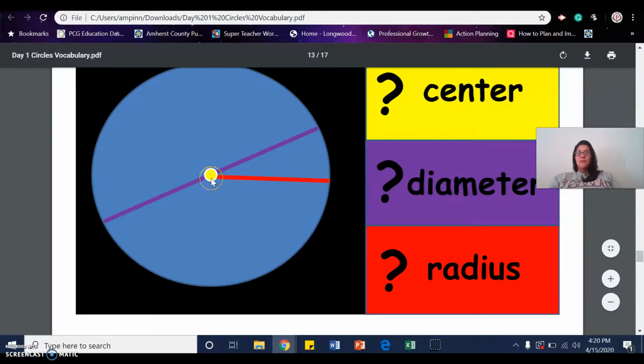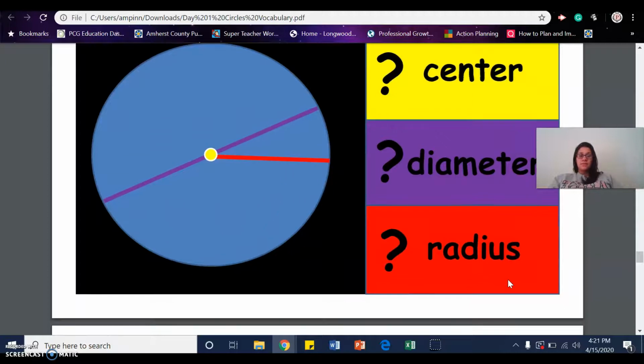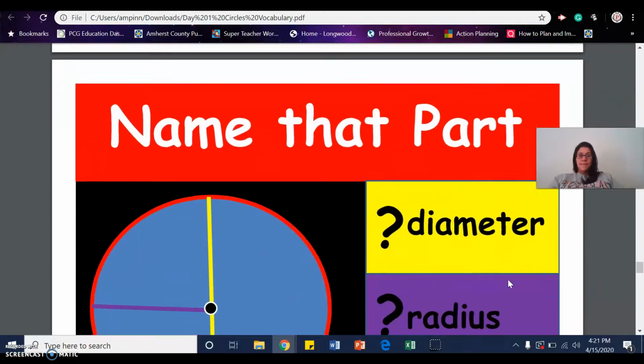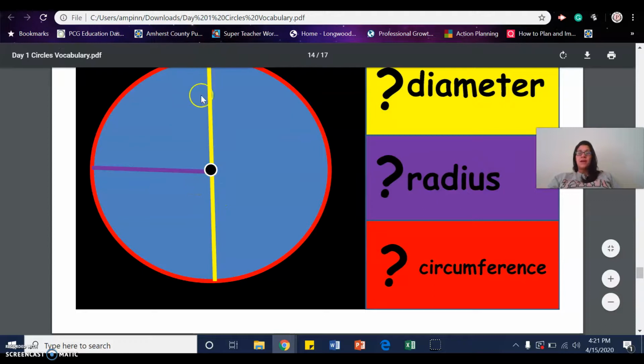And then going from the center point to the edge of the circle is your radius. Same kind of concept. The yellow line is your diameter, the purple line is your radius, and the red circle going around your circle is the circumference.